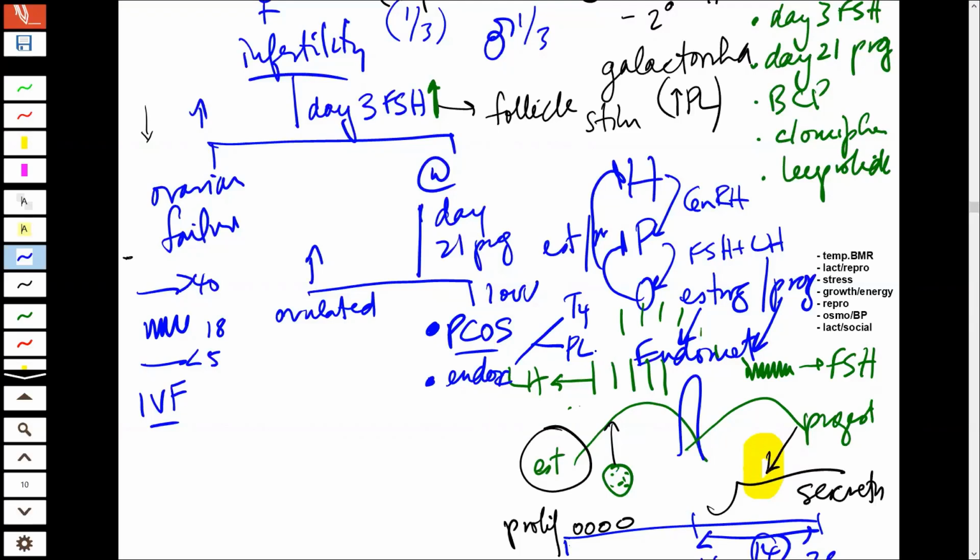Okay? And if they've ovulated, what's the next thing you're going to do? You're going to do a hysterogram. Because the next commonest cause is going to be tubal block. Why is that so common?